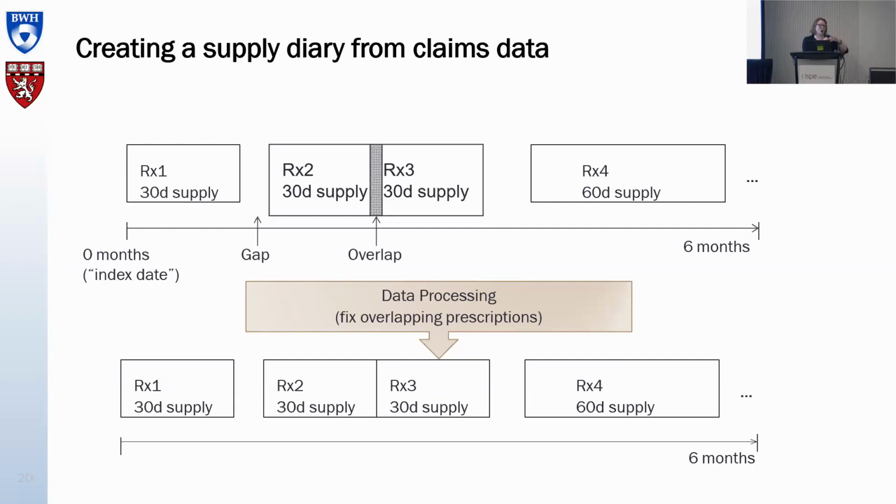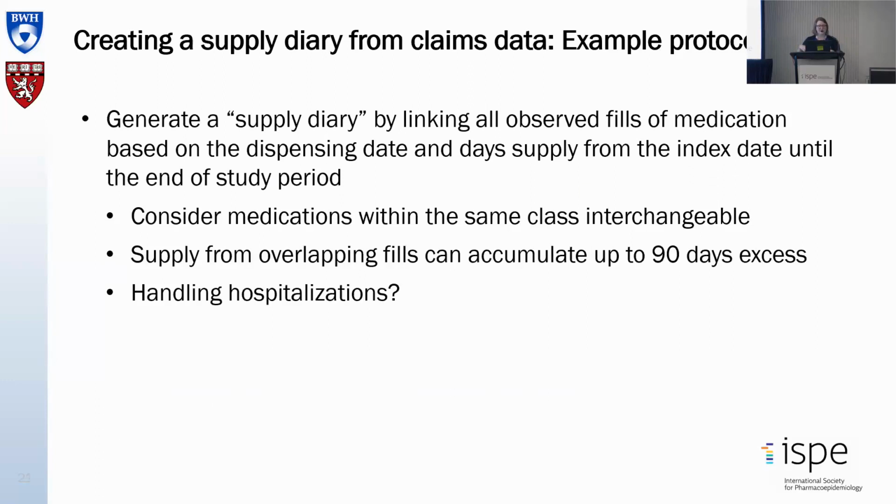We know they're waiting to start taking their next one. So that's just an example of some data processing we do. And in English, when we write a protocol, we usually say create a supply diary by linking all observed fills of a medication based on these dates and day supply from the index date, or the date that we're most interested in starting, until the end of the study period.